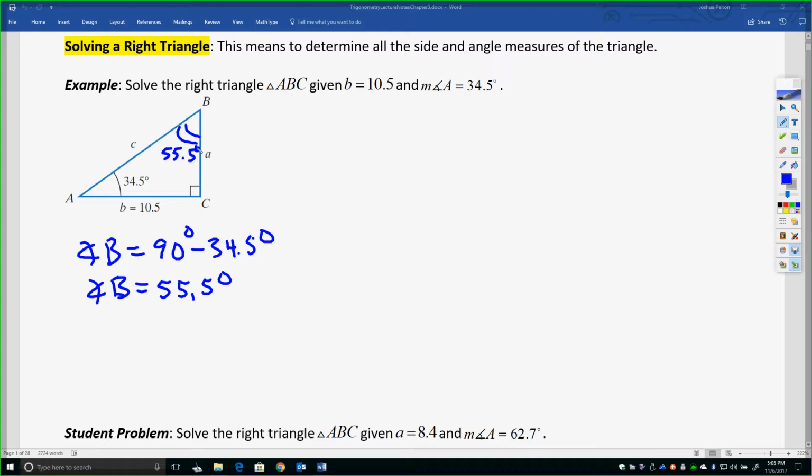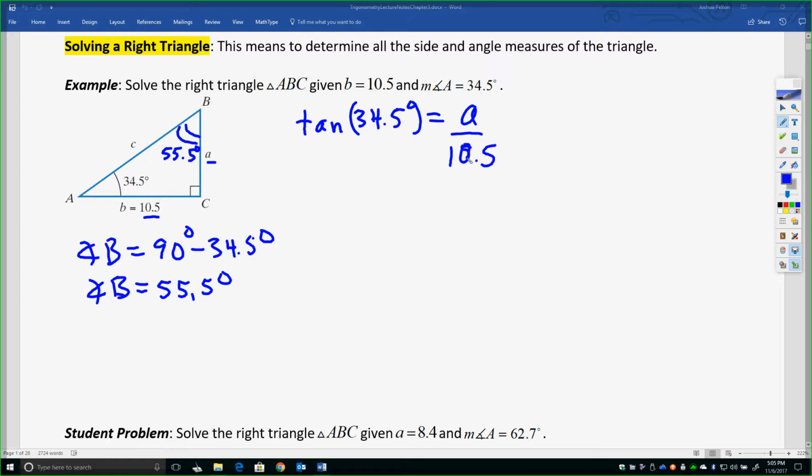Okay. So if we're going to use the 34.5 in A, that's going to be the tangent, since I have one side, which is b, which is going to give me opposite and adjacent. So tangent of 34.5 degrees equals a over 10.5.